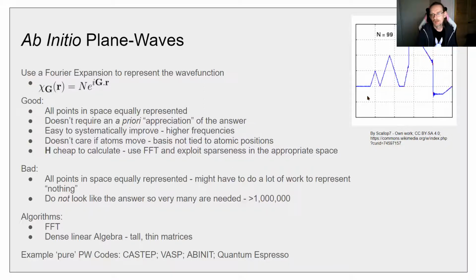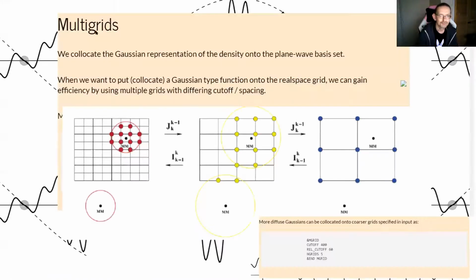Any function you can project onto a set of plane waves. So you set a box, you have a set of regular grids, and you see how much of the Gaussians sit on the various grid points, and you use that to come out with an equivalent representation of the Gaussian functions on the plane waves.